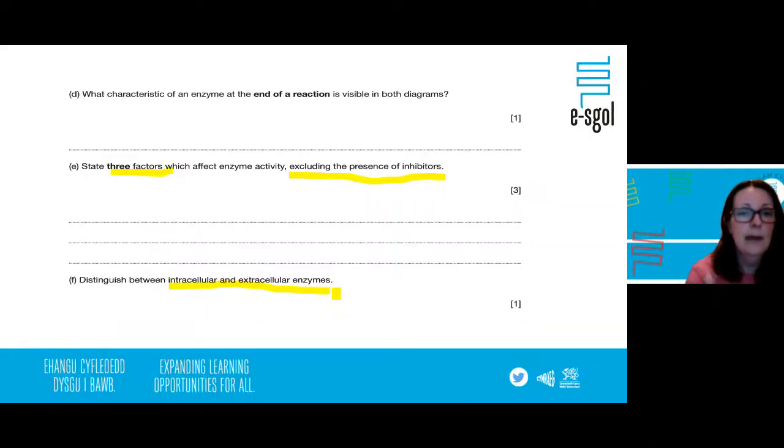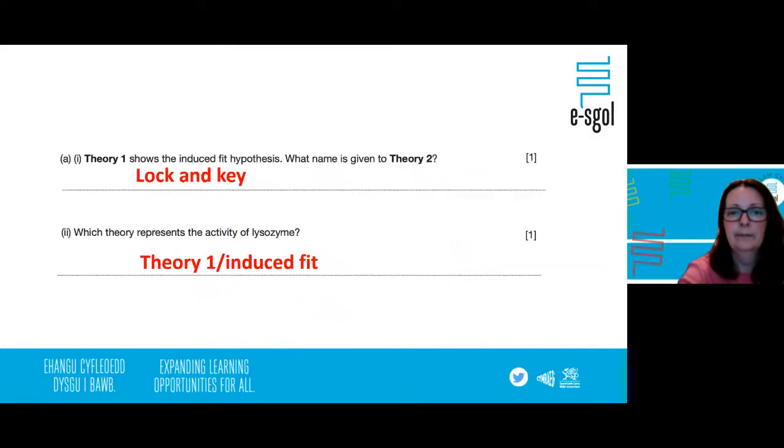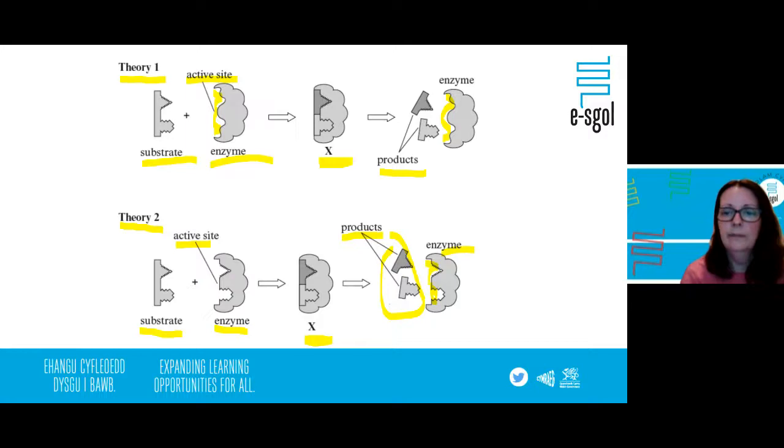Okay, so we'll go back now and look at the diagram, because this is quite a long question, and let's have a look at what characteristic we can see there at the end of the reaction that is visible in both diagrams. So here we are, we've got both diagrams here, and it's this particular part of the diagram that we are interested in here.